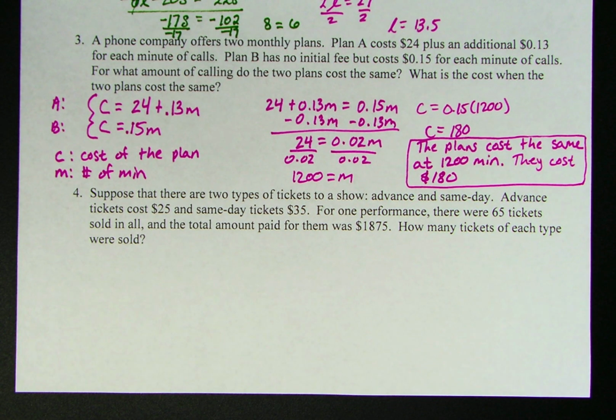All right, next one. Suppose there are two types of tickets to a show, advance and same day. Advance tickets cost $25 and same day tickets cost $35. For one performance, there were 65 tickets sold in all, and the total amount paid for them was $1,875. How many tickets of each type were sold?